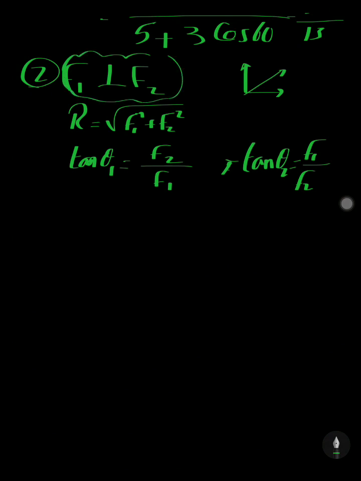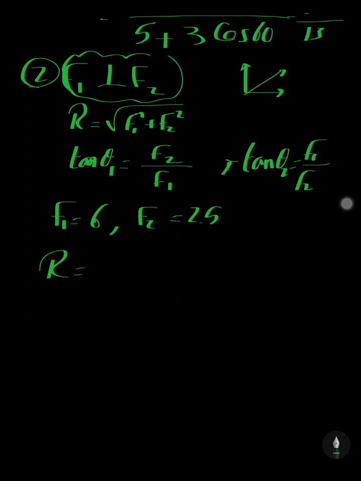Let's continue the problem. Here we have two perpendicular forces. F1 equals 6 Newton and F2 equals 2.5 Newton. We want to find the resultant. To find the resultant, we must find its magnitude and direction.